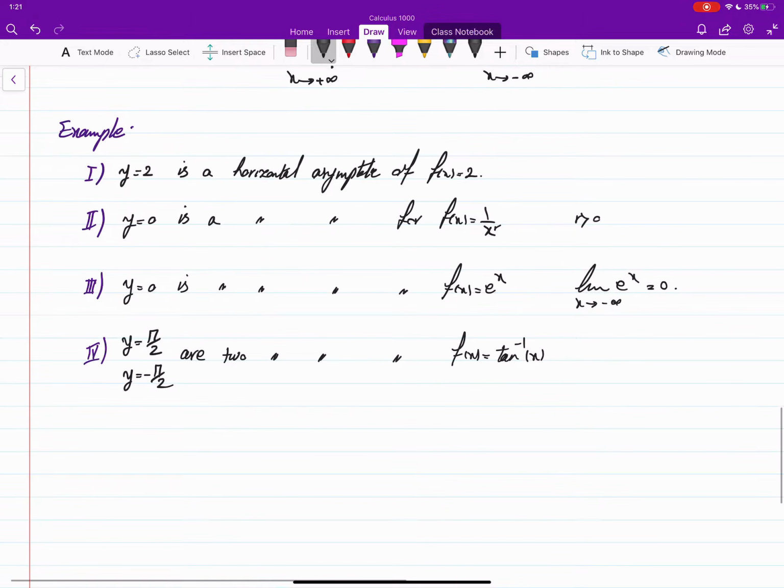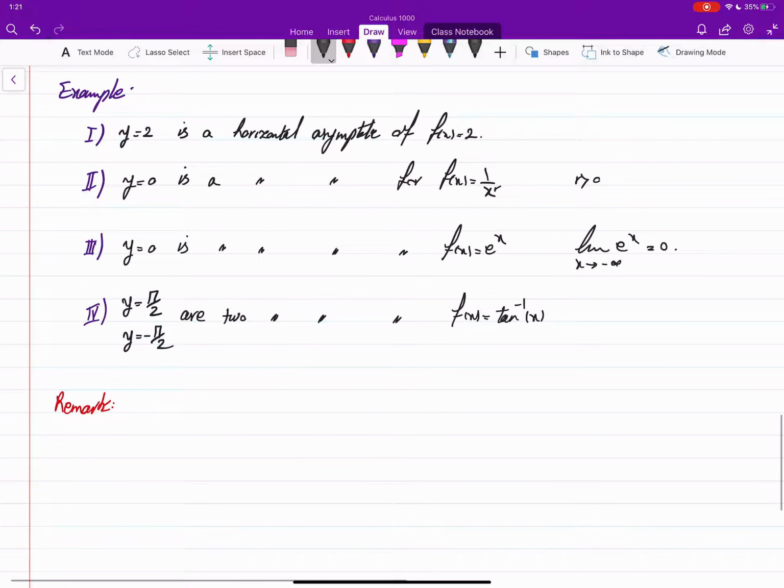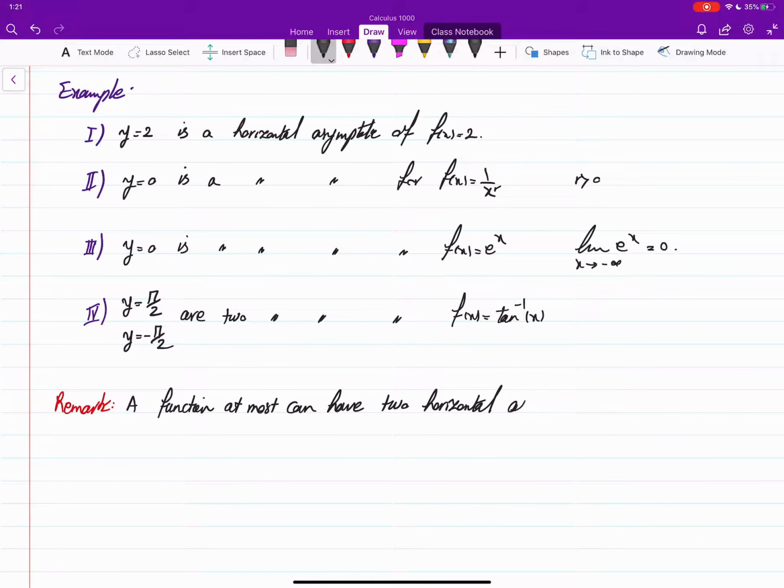As a final remark, a function can have at most two horizontal asymptotes.